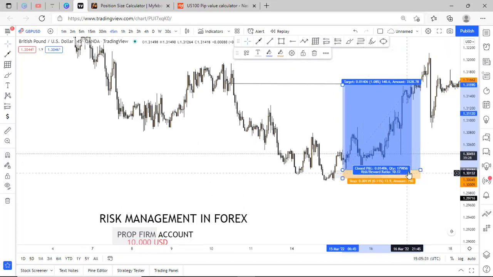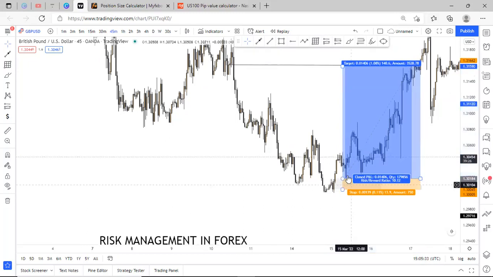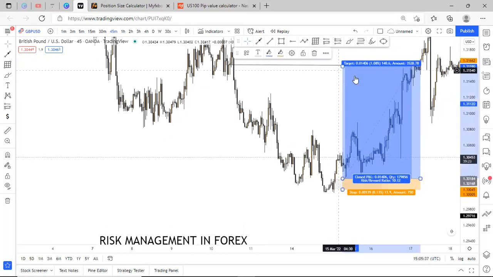This is telling you that if we got into the trade at this point and our trade hits its take profit target, we are having a risk to reward of 10. That is 10 RR.